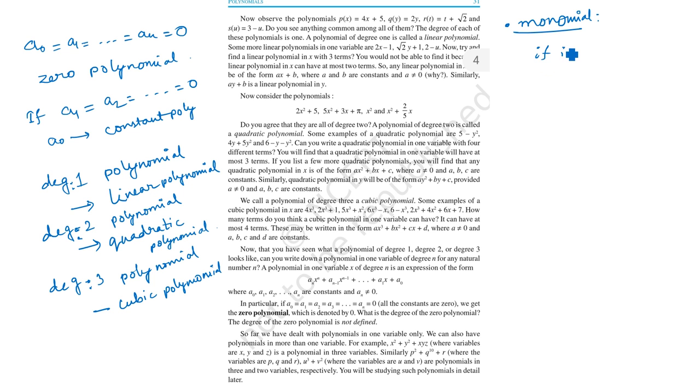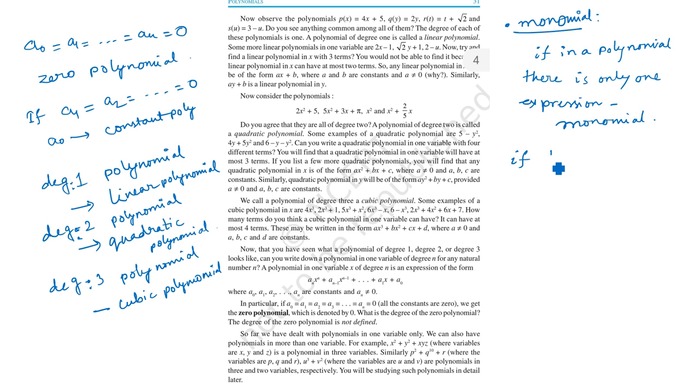If in a polynomial there is only one term, it is called a monomial. If there are two terms, then it is called a binomial.